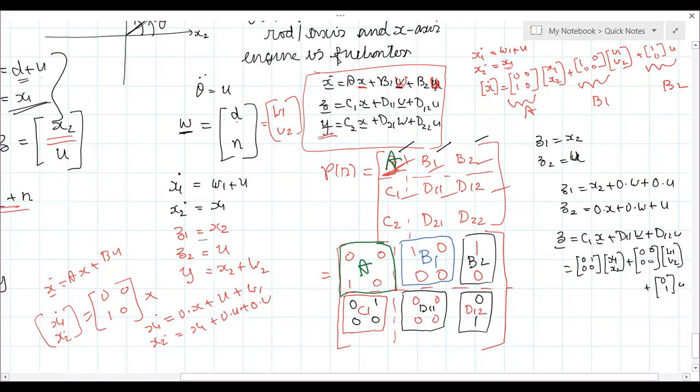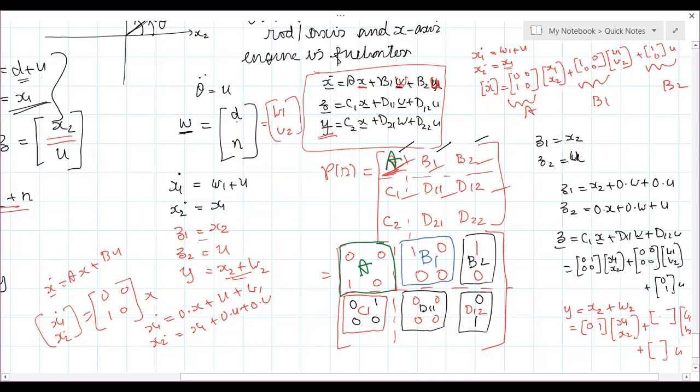Okay. Now what next? We have to see the output equation Y. What is our Y equation? X2 plus W2. Right. So what can I write? Y equal to X2 plus W2, or something into X1, X2 plus something into W1, W2 plus something into U. So tell me, what should be this C2? 0, 1.